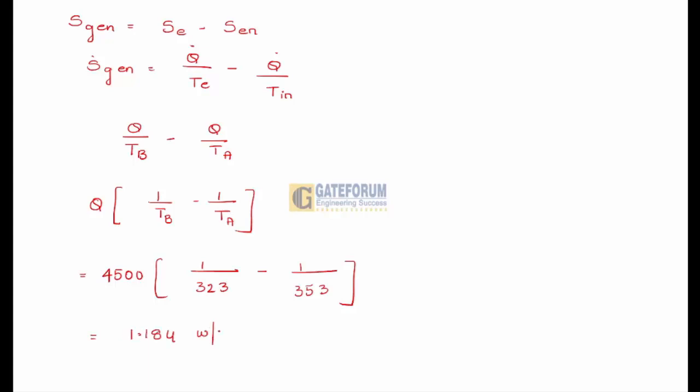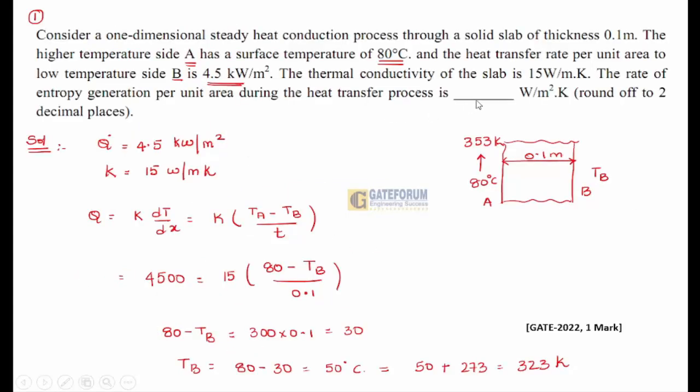Heat flow is same, so that will be Q into 1 by TB minus 1 by TA. We will be getting it as 4500 into 1 by 323 minus 1 by 353. This will give you around 1.184 watt per meter square Kelvin. This will be your answer for the given question.